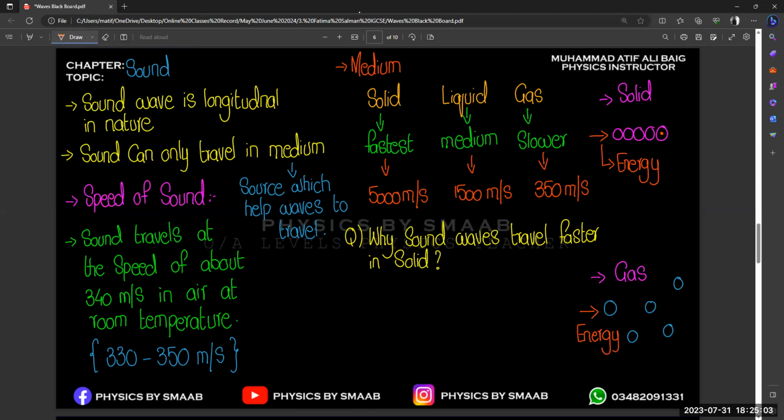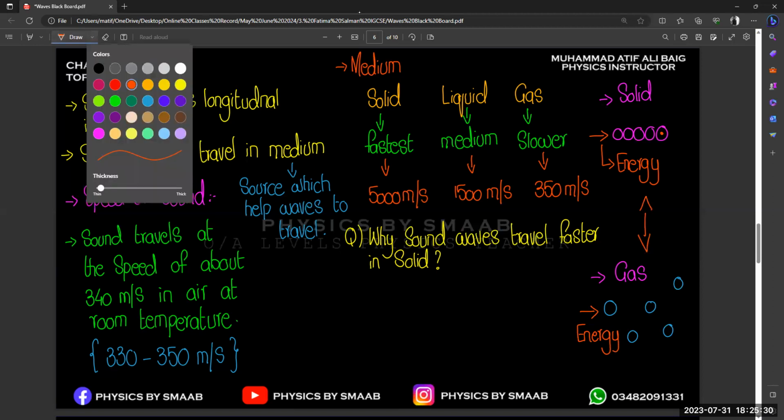Molecules are distributed irregularly. The second problem is that all molecules are not in a straight line or in a fixed shape. That is the reason why sound waves can travel easily and faster in solid as compared to other mediums. So this is the actual difference.